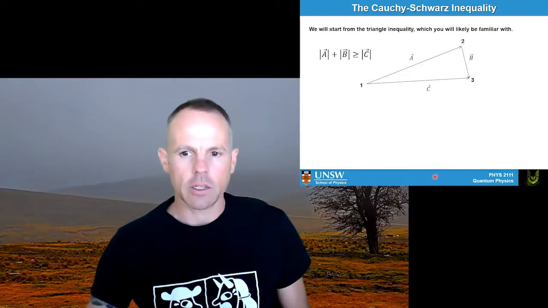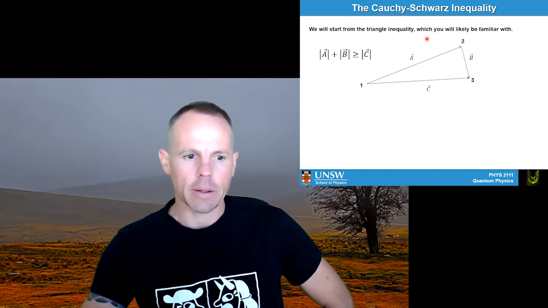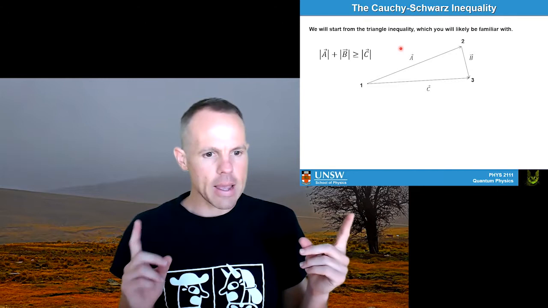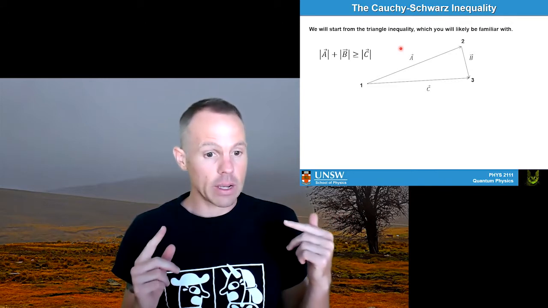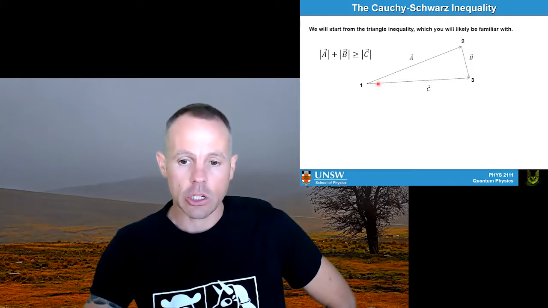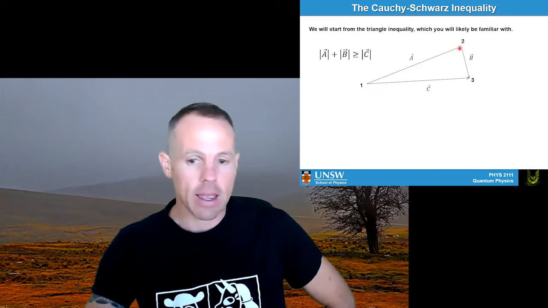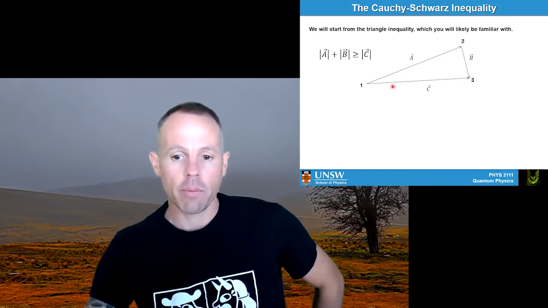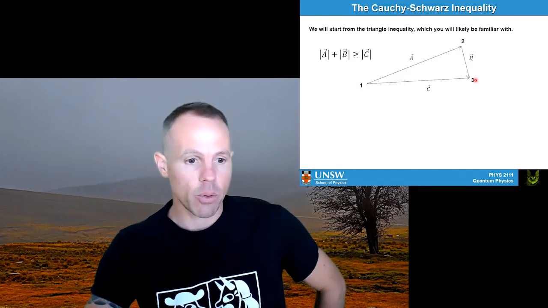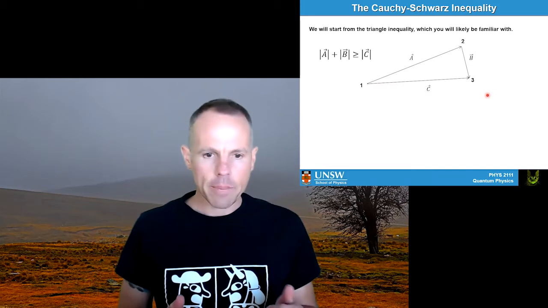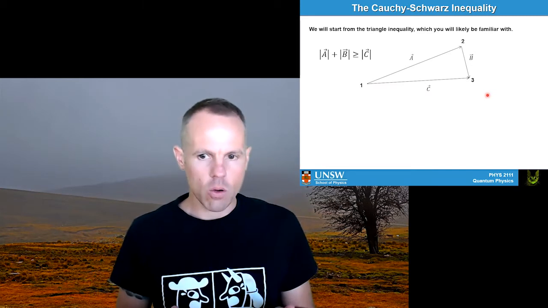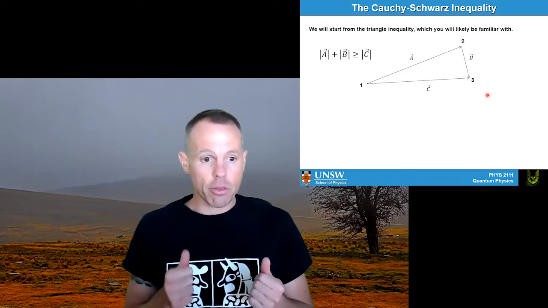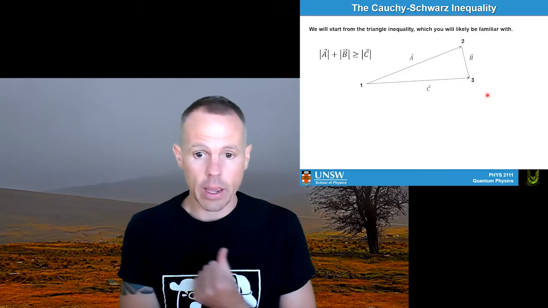Where we need to start is with something called the triangle inequality. You'll remember from vector addition that we can take two vectors, A and B, and add them together to get a third vector, C. When we do this addition, we have a vector A, a vector B, and the vector C points from the beginning point of vector A to the end point of vector B. These three vectors form a triangle, and there's one thing we know geometrically about the lengths of the edges of a triangle.